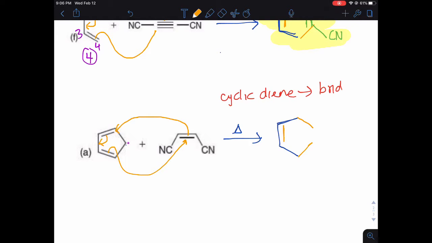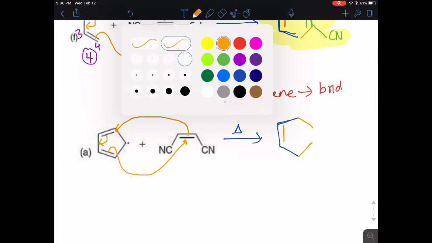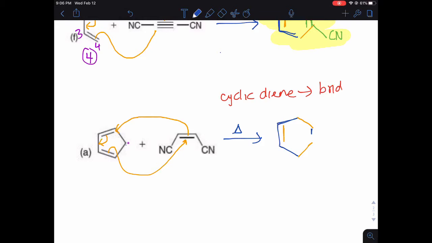Okay, and then we do have to keep in mind that the dienophile has a side, right? And then it has two cyanides coming off of it in the cis position, right? So you can either draw this as 2 wedges or 2 dashes.